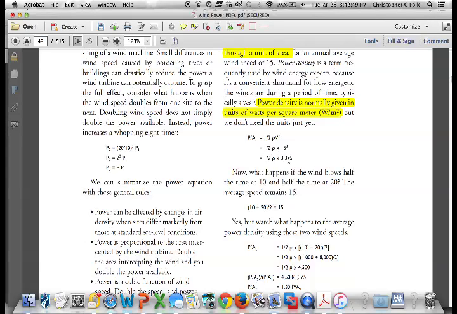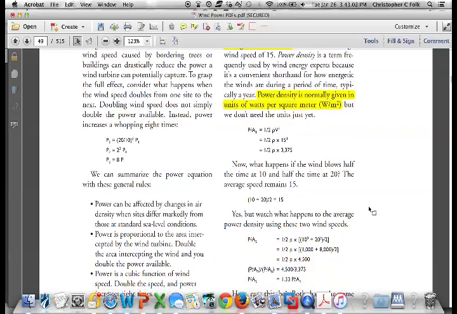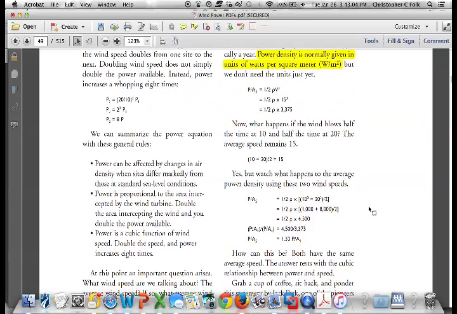That's the amount of energy that's in the wind when it's blowing 15 miles an hour. Well, what if the wind blows half the time at 10 miles an hour and half the time at 20 miles an hour? Doesn't that average out to be 15? Certainly. But watch what happens to the power density when we do this. We take 1/2 times the density times 10 cubed plus 20 cubed, and we divide that sum by 2.